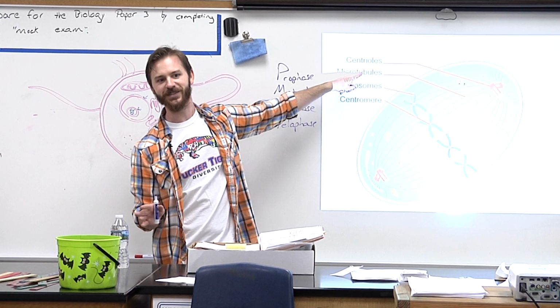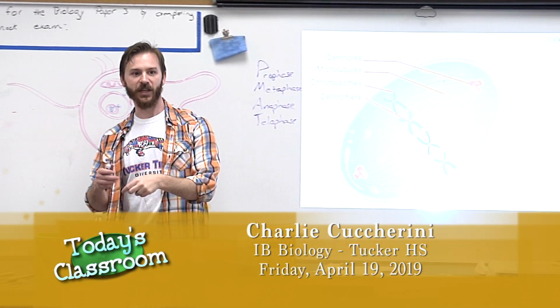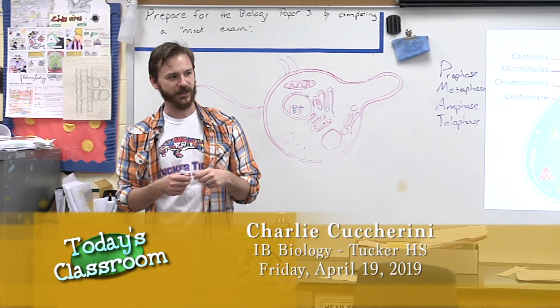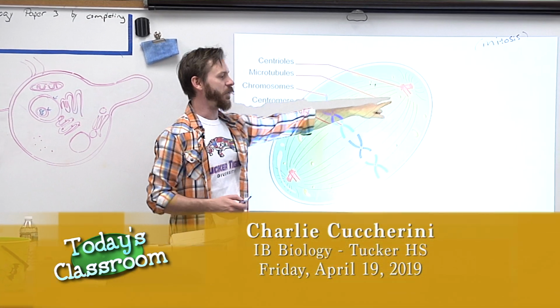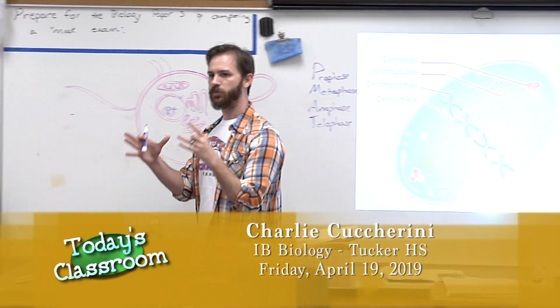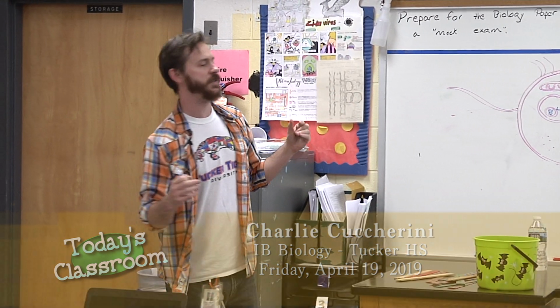The microtubules, spindle fibers, are like fishing line that attach to the centromeres and allow these centrioles to pull and separate the sister chromatid pairs.